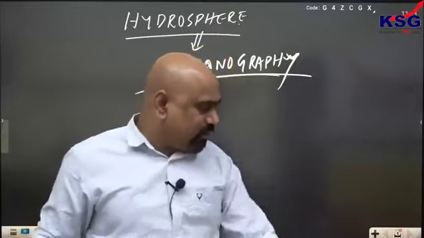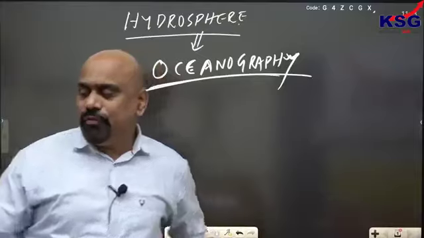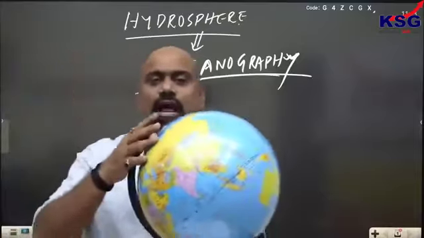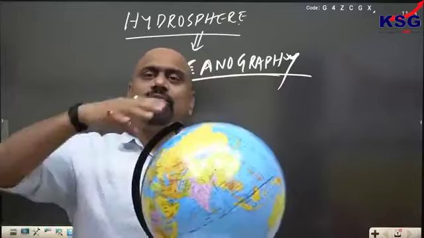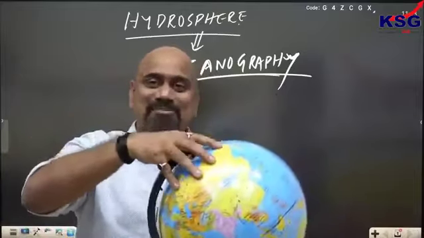In the oceanography part, as I told you, if you look at the globe or atlas, you will find more water in the southern hemisphere and more continent in the northern hemisphere.